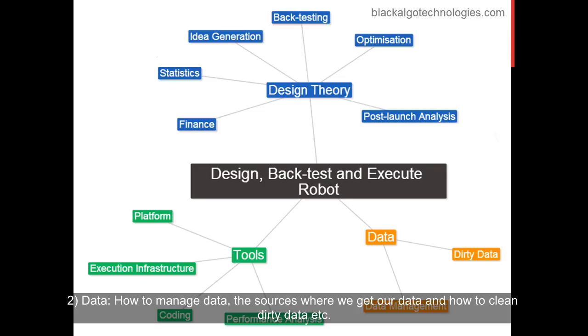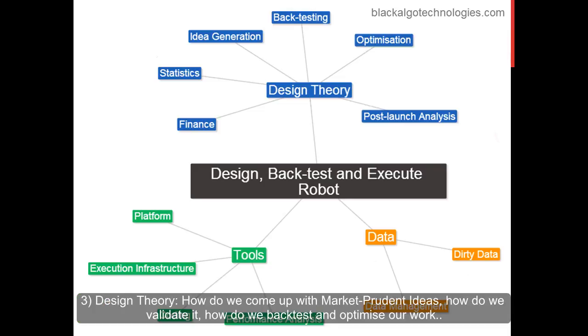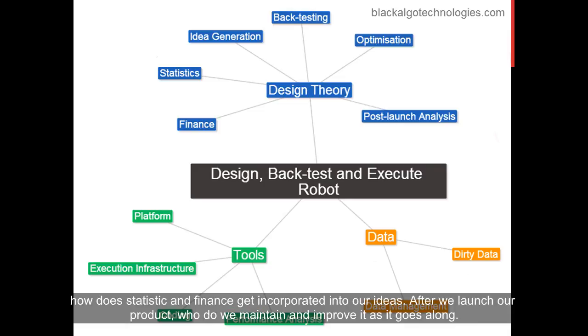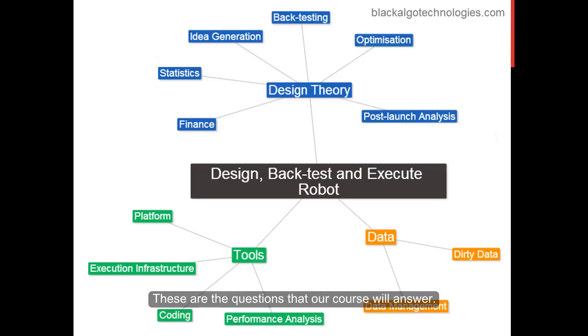How to manage data, the sources where we get our data from, and how to clean dirty data, etc. The third and the most important part will be our design theory. How do we come up with market prudent ideas? How do we validate it? How do we backtest and optimize our work? And how does statistics and finance get incorporated in our ideas? And after we launch our product, how do we maintain and improve it as it goes along? These are the questions that our course will answer.